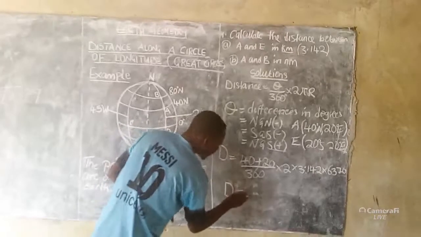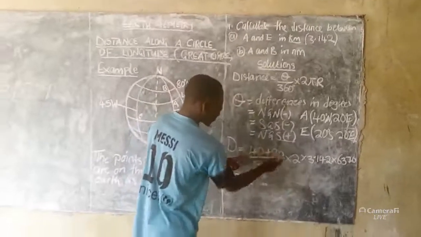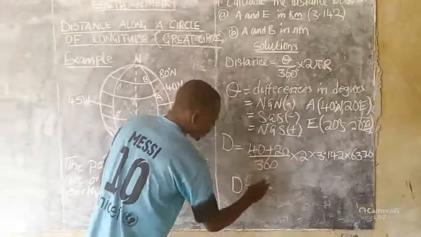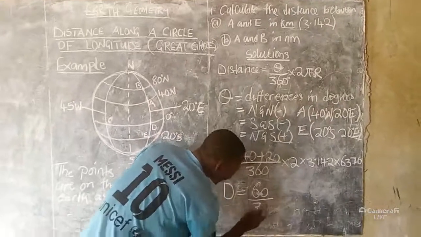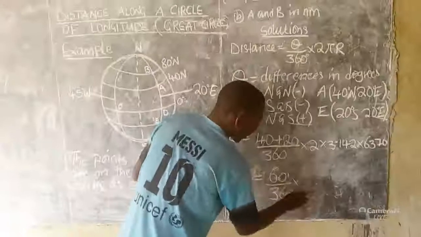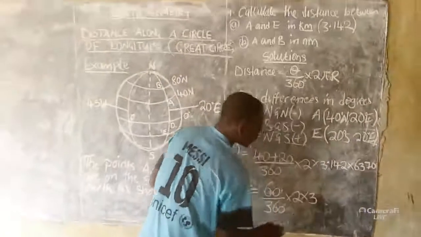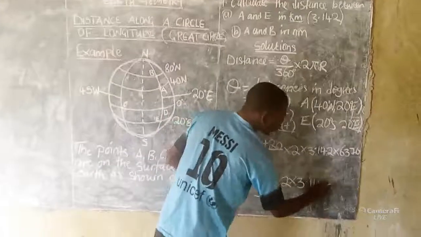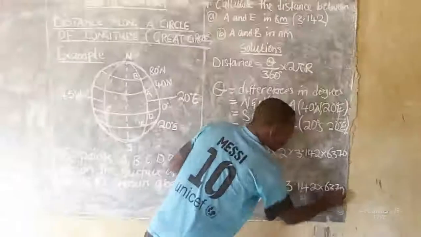you write distance is equal to, okay, before you punch everything with your calculator, you add this because you're talking about differences in degrees. So you add that, and you are going to have 60 over 360 degrees times 2 times 3.142 times 6370.